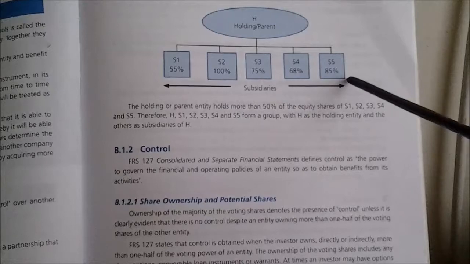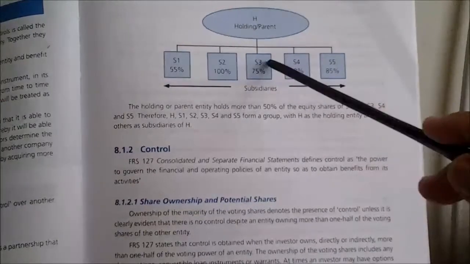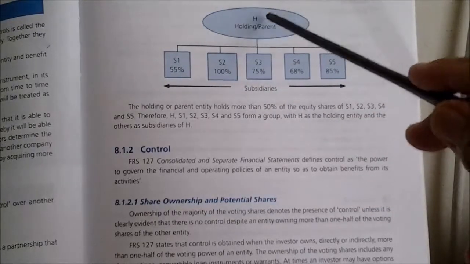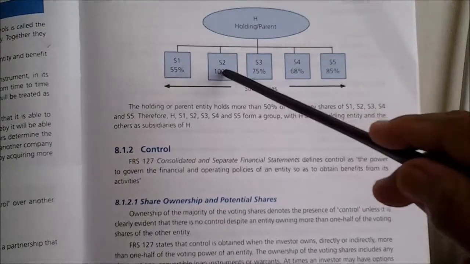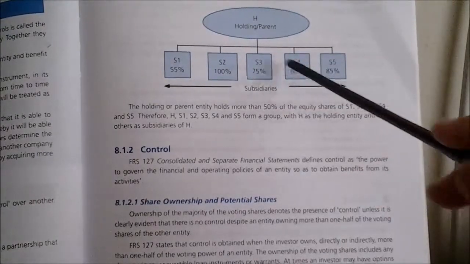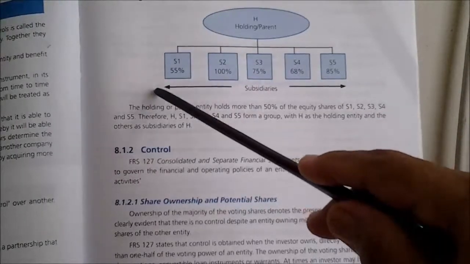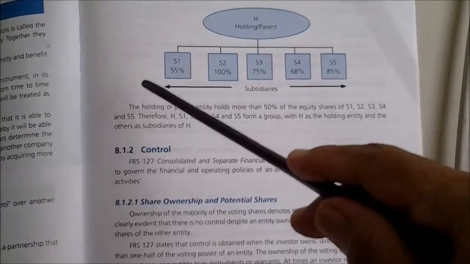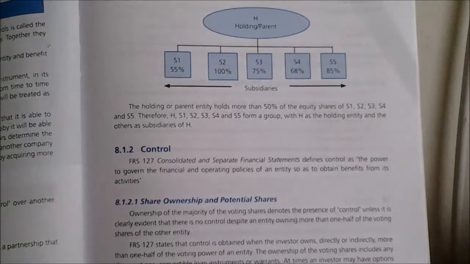In this case, H holds the majority of shares in each of these companies, so it becomes the holding or parent company, and the balance of shares held by the subsidiaries will become minority interest or non-controlling interest. You will hear much more about this soon.